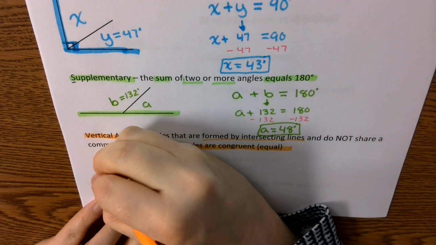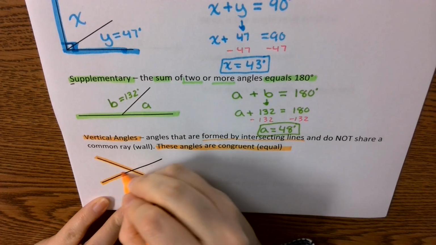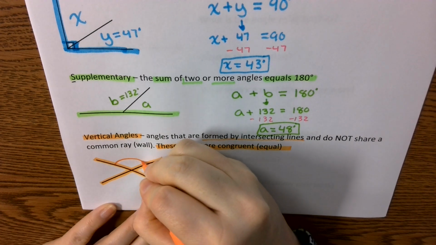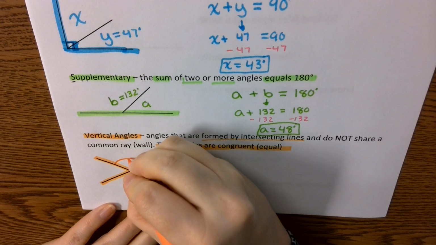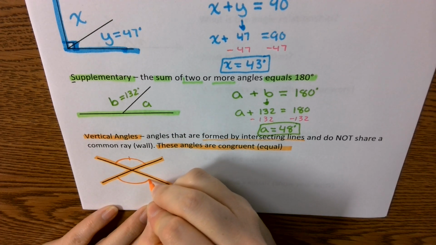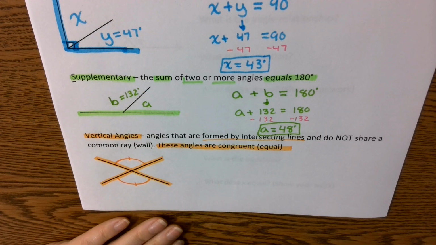So here I have a series of intersecting lines, and I know that this angle right here, I'm going to put a little knot on it, is going to be equal or congruent to the angle directly across from it.